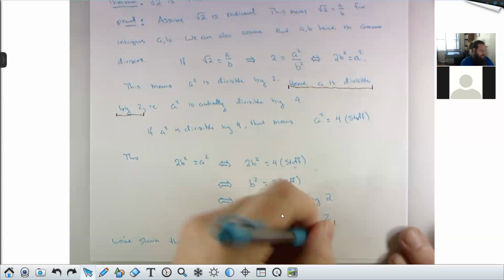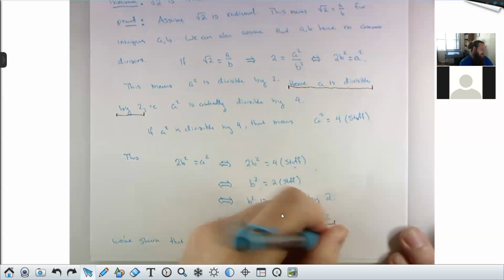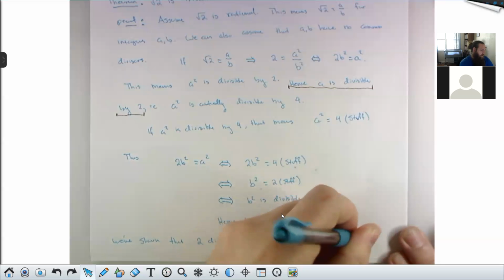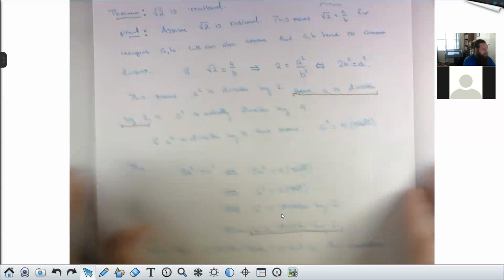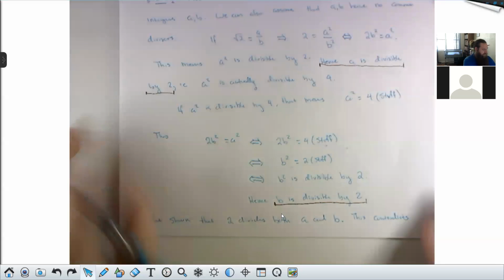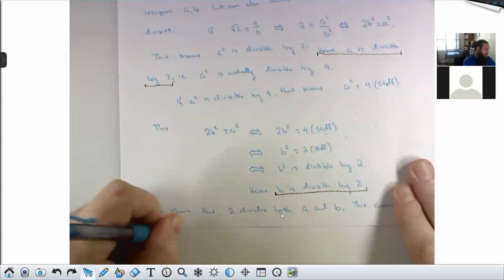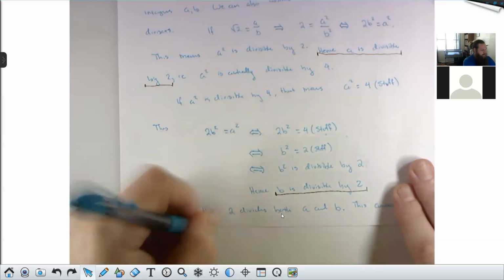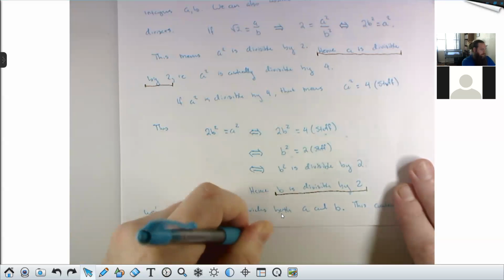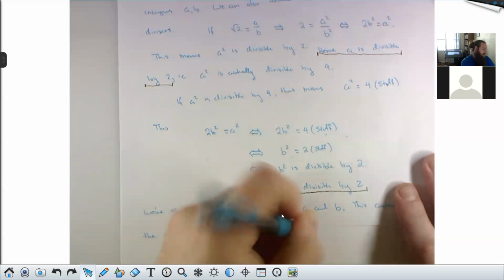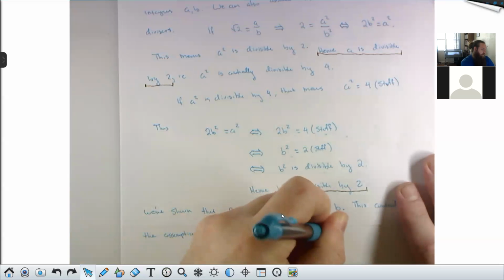Hence, this contradicts the assumption that a and b have no common divisors.